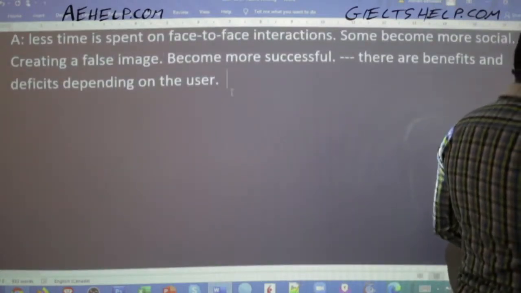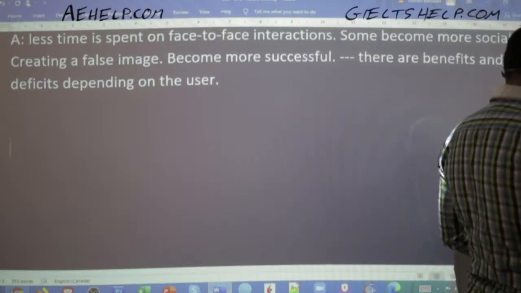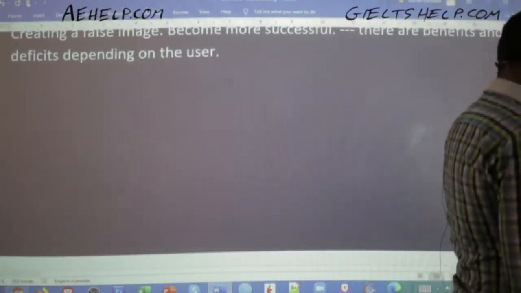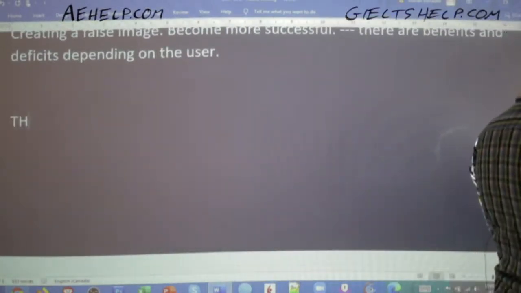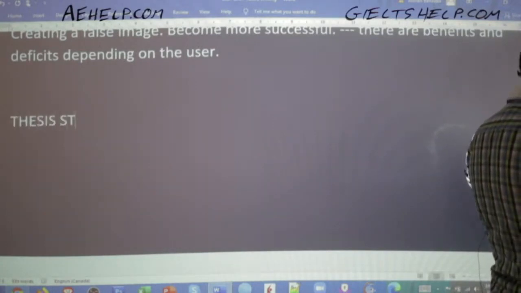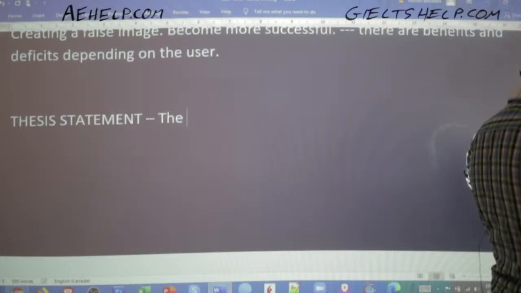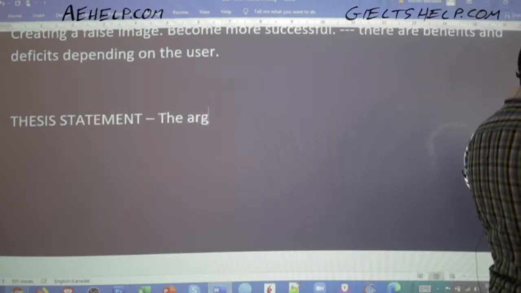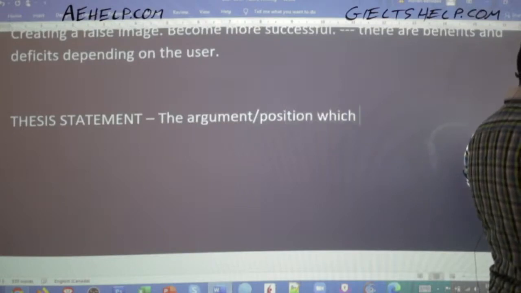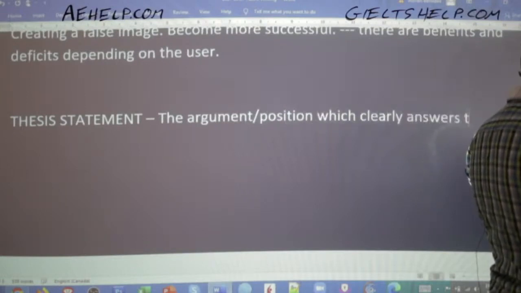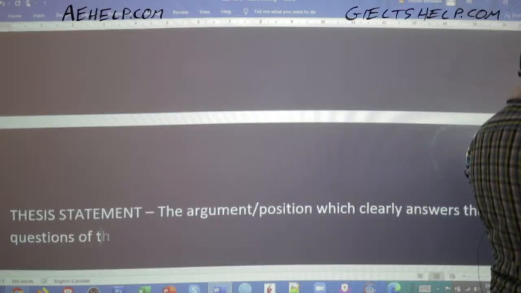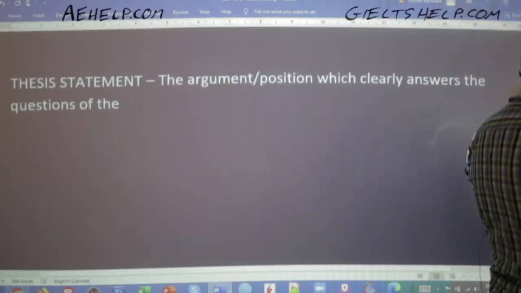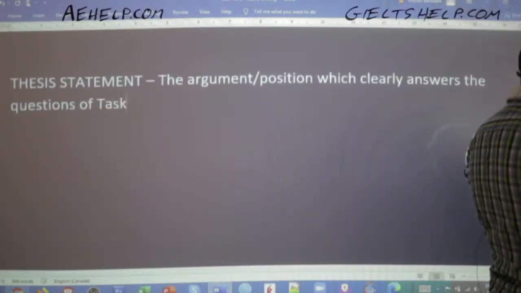So now that we've thought about all of this, we can answer these two questions. Okay? So it's the argument or position which clearly answers the questions of task 2 in this case, okay, or the essay.